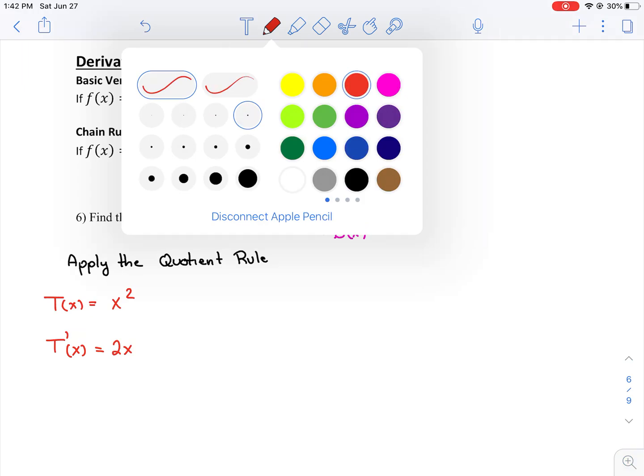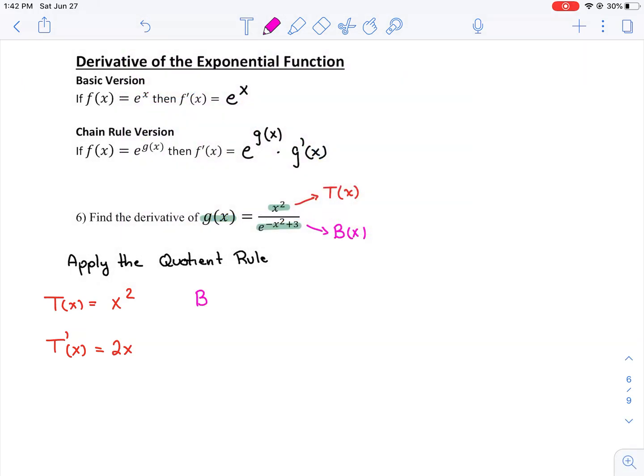And it also requires the derivative of the denominator. Since b of x is an exponential function, we are going to use the chain rule version for the exponential function, which means that the derivative is the original function times the derivative of the exponent.